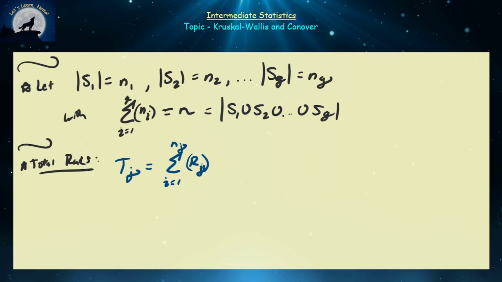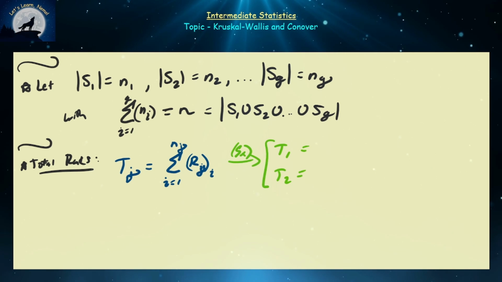So the ranks in set J, each of them. Right? So we're going to take all of the values in R1 and add them together. We're going to take all the values in R2 and add them together. So if you continue with the previous example that we have with our data sets, what you're actually going to find for T1 and T2 is a total of 28.5 and 62.5.